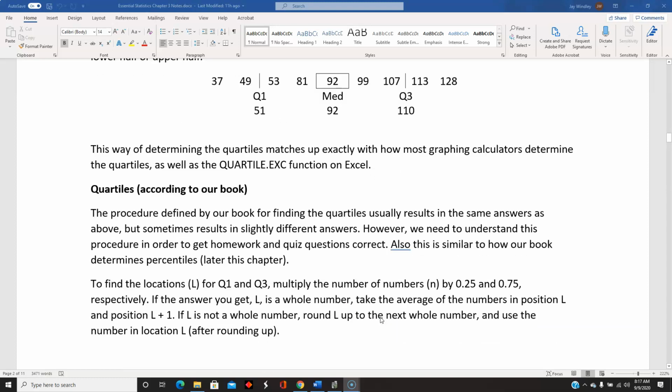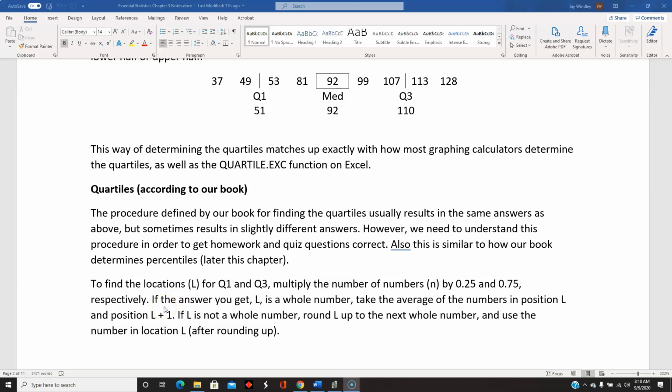So to find the locations L for the quartiles, multiply the number of numbers by 0.25 for quartile 1, because 1/4 of the data is below quartile 1, and 0.75 for quartile 3, because 75% of the data is below quartile 3. Here's where it gets a little bit weird.